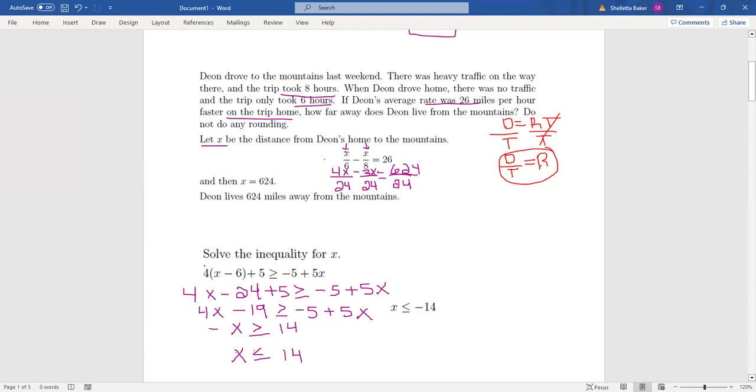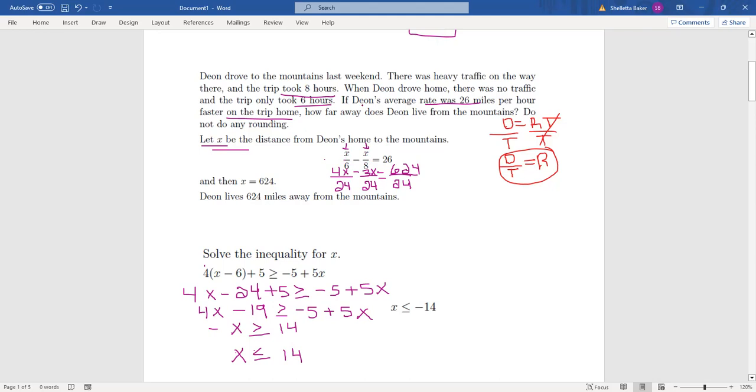Again, we don't know the distance to the mountain, so we use X to represent that amount. And then we wrote an expression for the distance coming home, which will be X over 6, and then the distance going to the mountains, which took a little bit longer in traffic, X over 8.